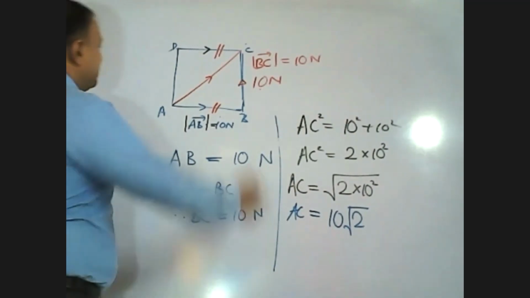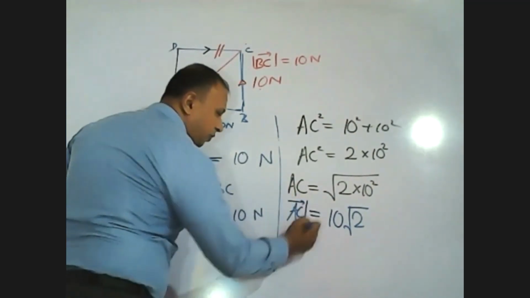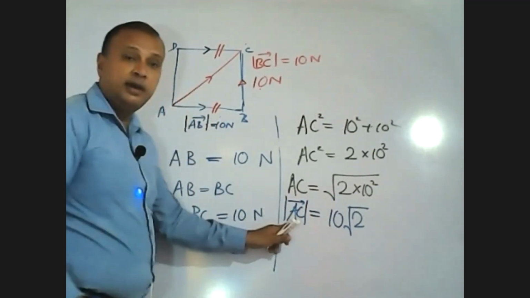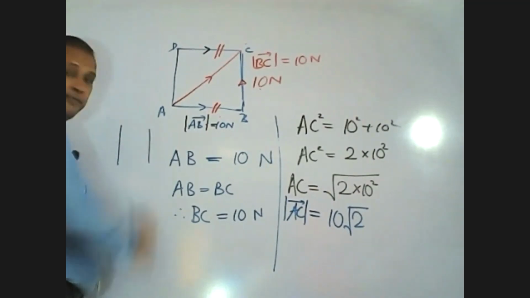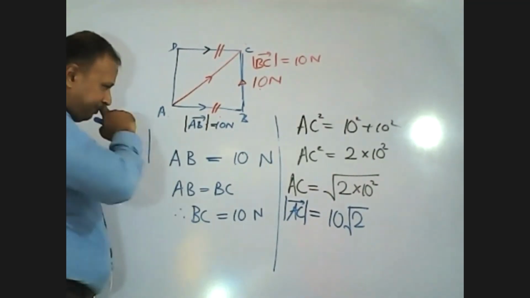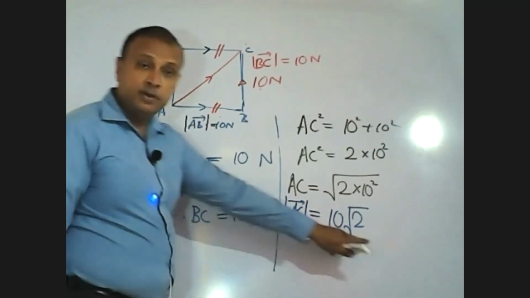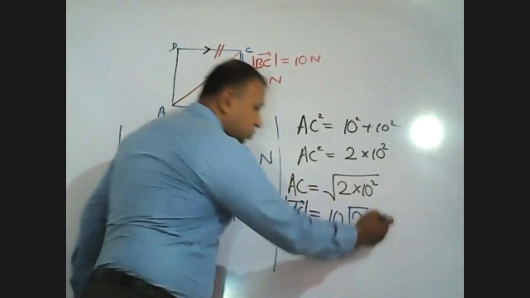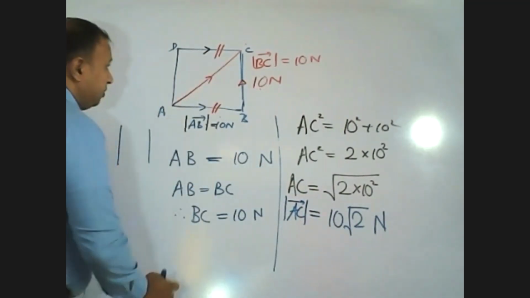Therefore, the magnitude of AC vector, magnitude is represented using this symbol, okay? The magnitude of AC vector is equal to 10 times root 2 Newton. We can write this one also.